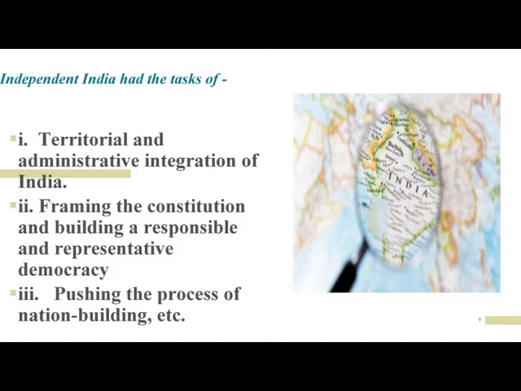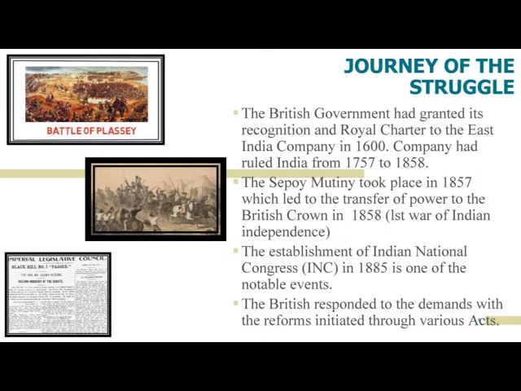The factors responsible for the origin of the Indian political system relate back to British rule. The British government had granted recognition and a royal charter to the East India Company in 1600. It captured political power in India after the Battle of Plassey in 1757. The Company ruled India from 1757 to 1858.